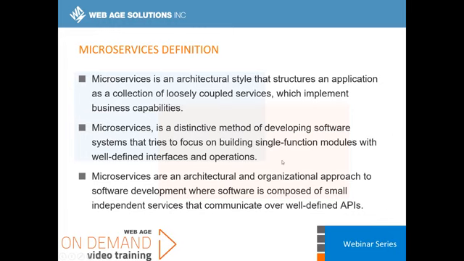And do that in cooperation with other services using the notion of interfaces and a well-specified set of operations that you're going to incorporate. So independent services that communicate over well-defined APIs is a good summary of what it is that we're trying to accomplish.